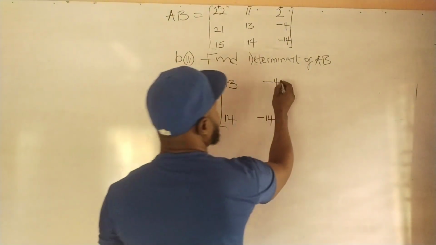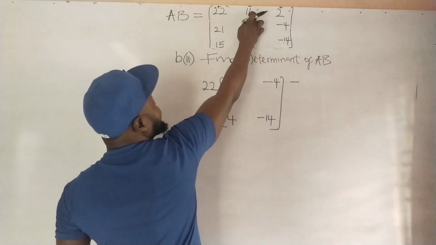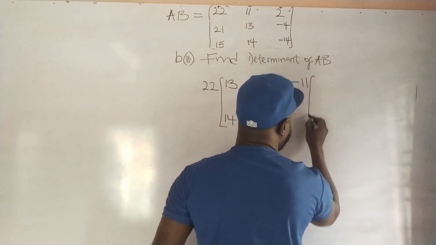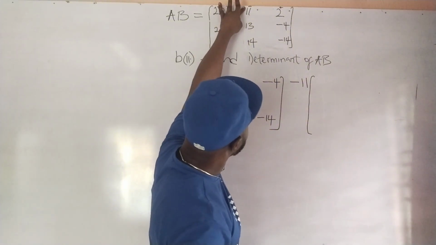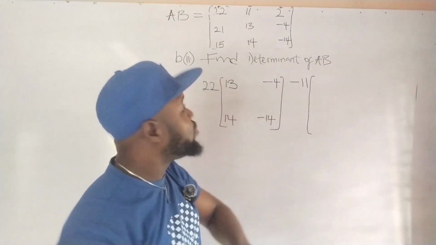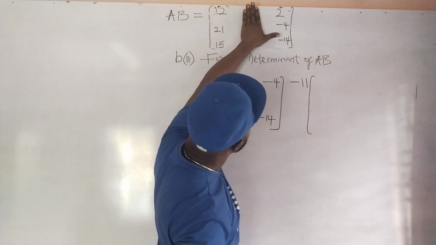Then we are done with that one. This minus, write it out. Then the second value, the second element, which is 11, you open bracket again. Now the row of this 11, the row and the column, make it invisible too. That is, this row we are not seeing it, make it invisible. You understand?